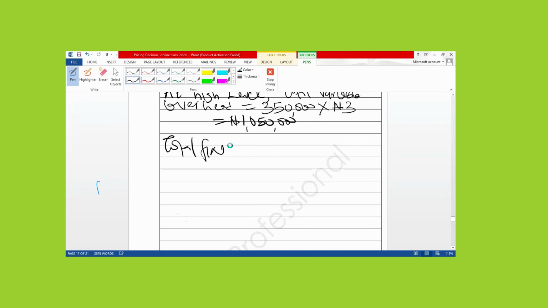Total fixed overhead is equal to 1,850,000 minus 1,050,000. What do we have? 800,000.